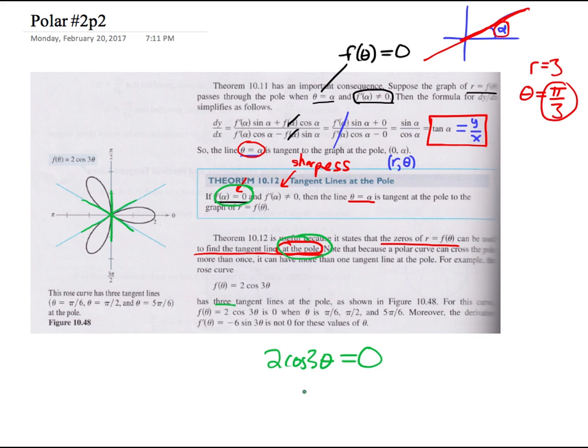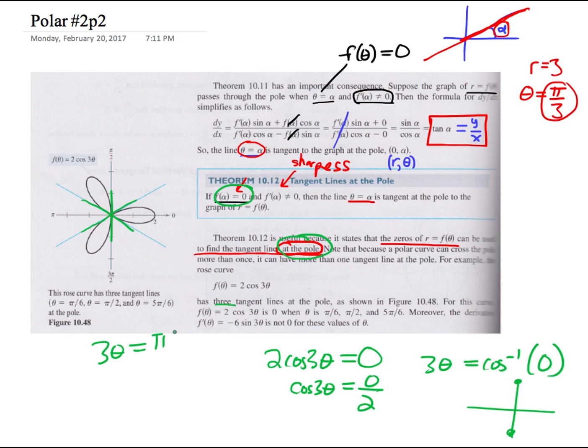Okay, so of course you could solve for this. They just give us some answers, but you could solve, right? Let's find a couple of those. Cosine of 3 theta equals 0 over 2. That says 3 theta equals the inverse cosine of 0, because 0 over 2 is 0. Cosine 0, that's going to be like right here and right here. So that would say 3 theta equals pi over 2. So one of those places should be pi over 6. Bam. Another one would be 3 theta equals, what's this guy down here, 3 pi over 2.